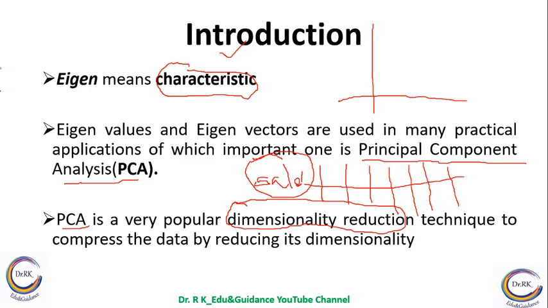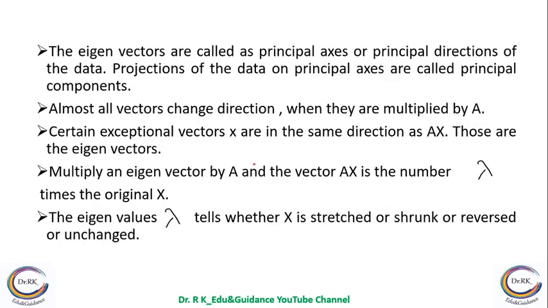We are not going to discuss that topic at length; people go through it clearly in data mining or machine learning courses, where they talk about pre-processing of data. In dimensionality reduction using PCA, eigenvalues and eigenvectors play a crucial role. That is the importance of eigenvalues and eigenvectors.